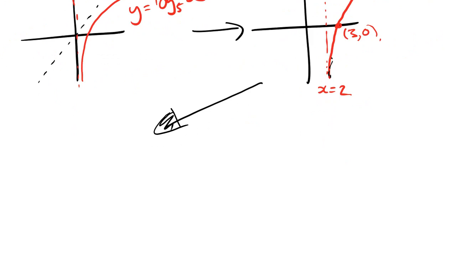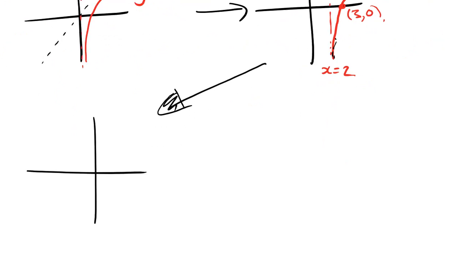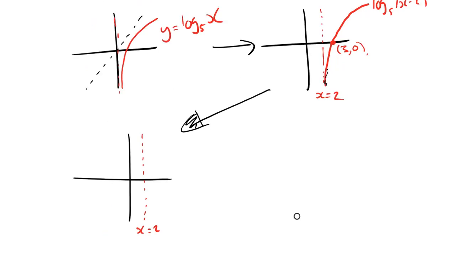If I'm going to draw this, it's going to look very similar to the one above. We've got the asymptote line there still at x equals 2, but we are going to reflect it in that x-axis. So it's going to look like this. We're still crossing at 3, 0, but we're just coming at that asymptote from a different direction. So this is minus log base 5 of x minus 2.